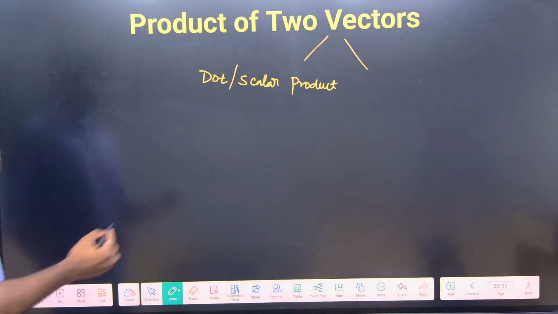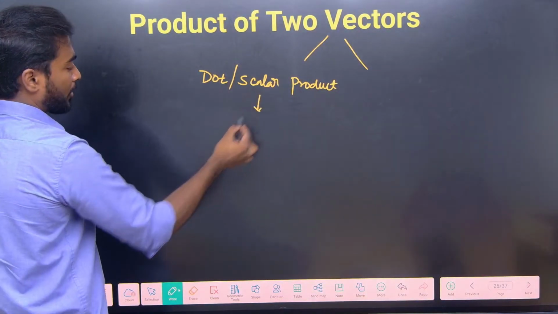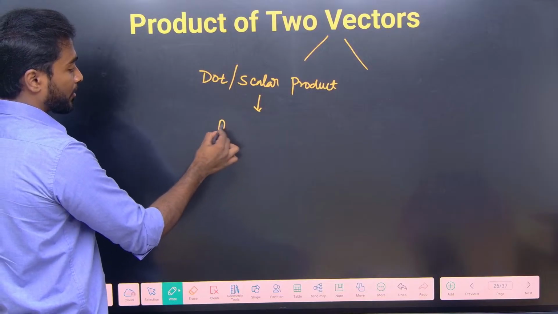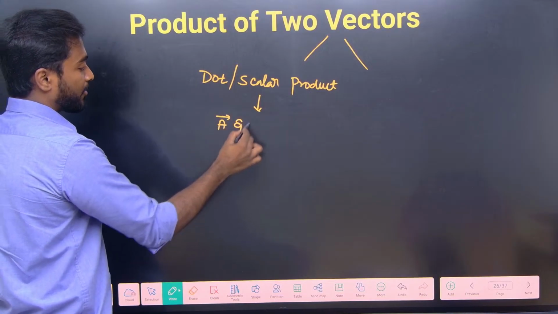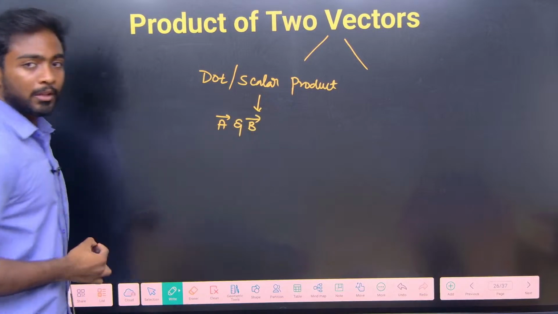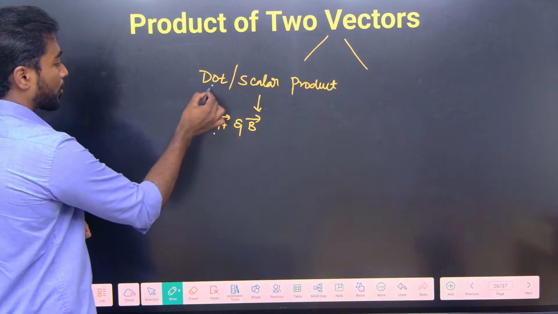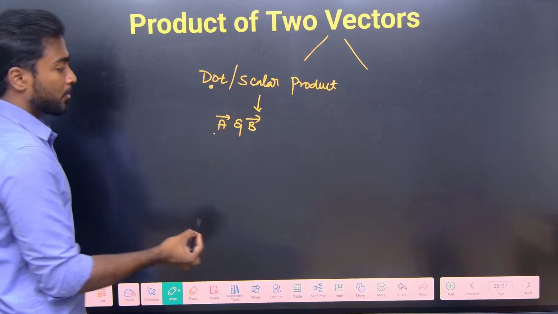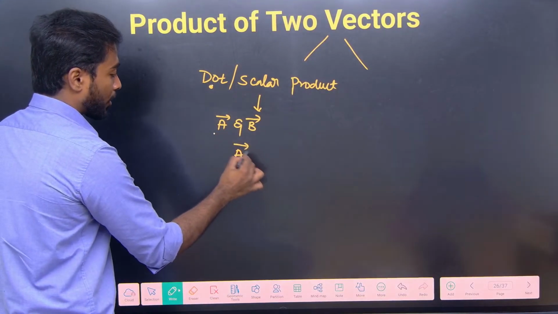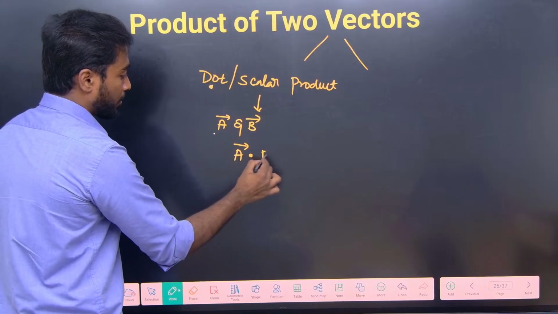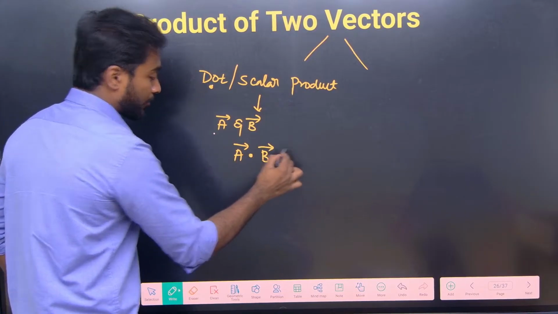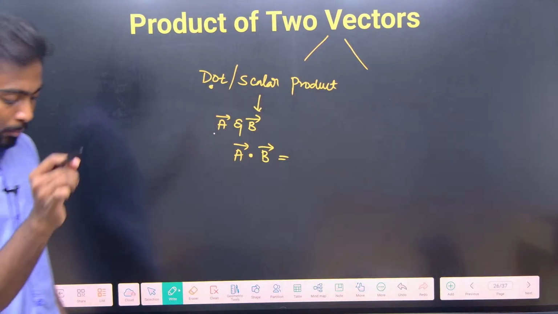So, we are multiplying two vectors. For example, I will take vector A and vector B. I am multiplying using a simple dot, which means A vector dot B vector. The resultant will be only a scalar.